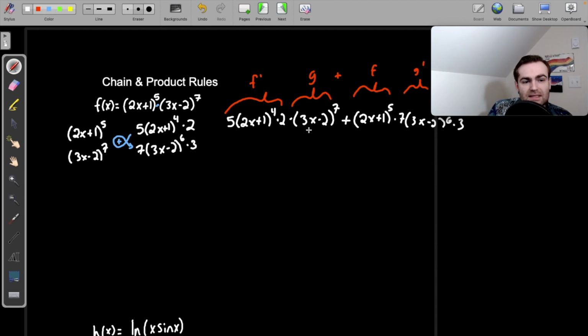All right, we clean this up a little bit by multiplying the coefficients. So we have 10, and then (2x plus 1) to the 4th, (3x minus 2) to the 7th, plus 21 times (2x plus 1) to the 5th, (3x minus 2) to the 6th.